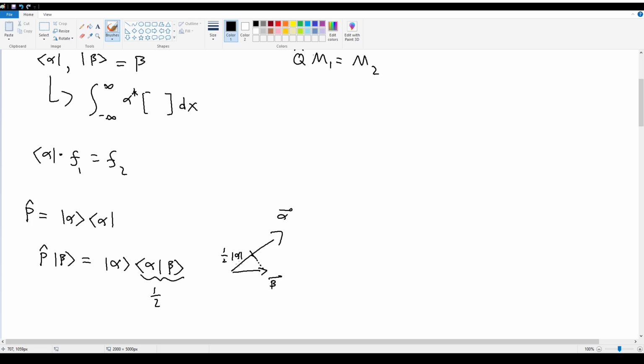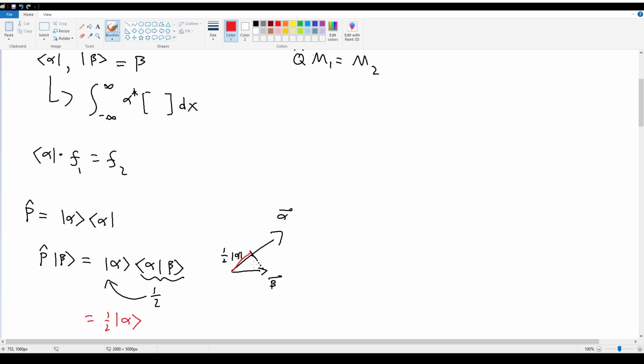Because what this is saying is, the inner product is once again a measure of how closely aligned one vector is to another. So if one vector is directly 1/2 projected onto the other vector, your inner product is going to give you just the coefficient, which is 1/2. Now, if this 1/2 is then applied onto the vector alpha, the original vector, this is going to give you 1/2 times the vector alpha.